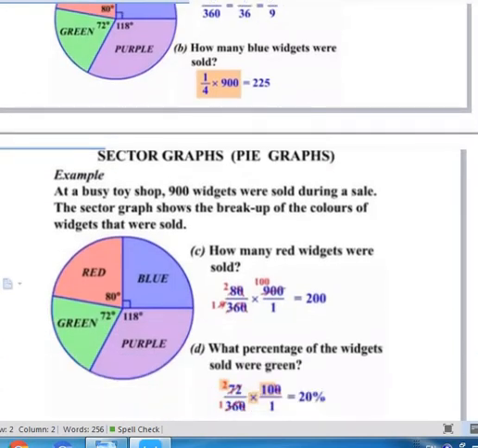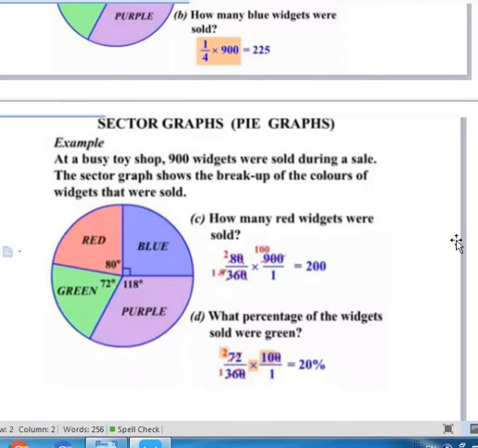I have here, what else? Example: at a busy toy shop again, 900 widgets were sold during a sale. The sector graph shows the breakup of the colors of the widgets that were sold. Okay, here he asks me about something else. How many red widgets were sold? How many widgets? So I'm going to multiply by what? 900. What widgets? The red ones.